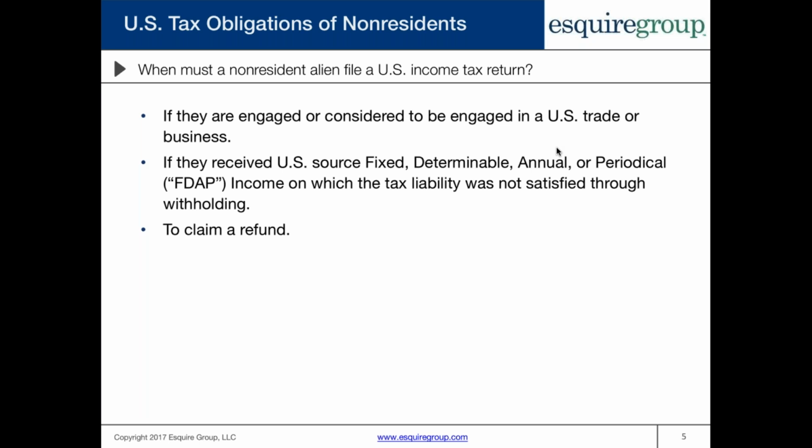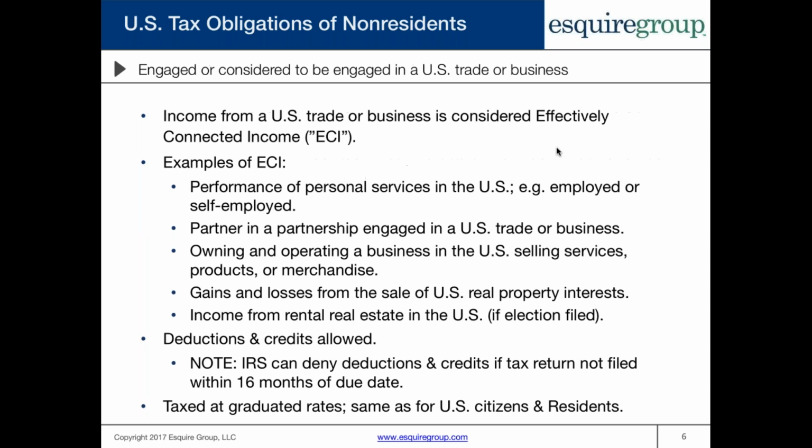The second is if they had received U.S. source fixed, determinable, annual or periodical income, FDAP income for short, on which the tax liability was not satisfied through withholding. We'll also talk more about that. The third is to claim a refund, and we'll talk a little bit more about that as well. So these are the 3 situations in which a non-resident alien would generally be required to file a U.S. income tax return.